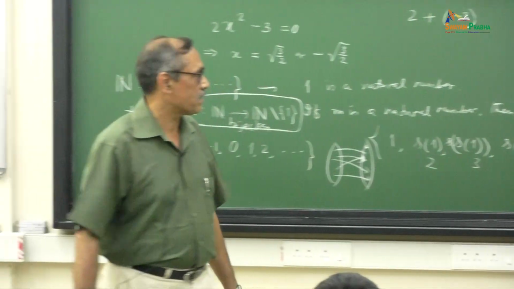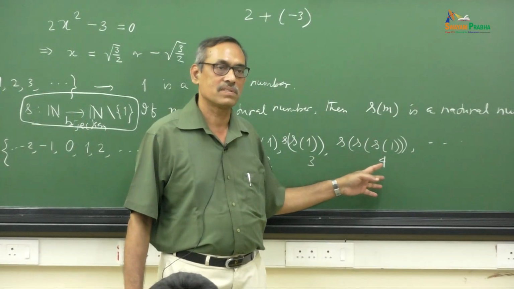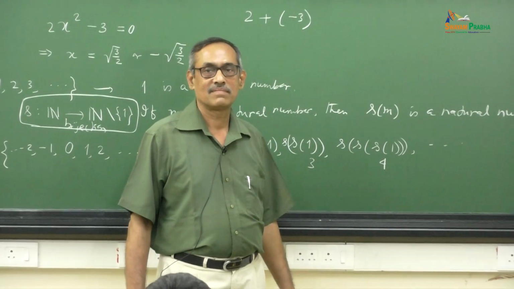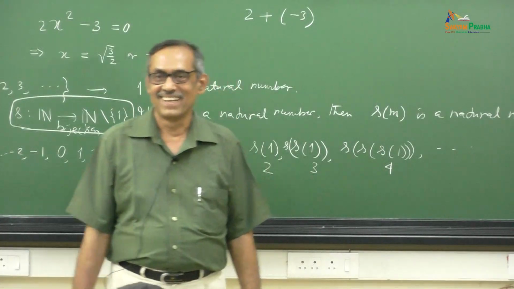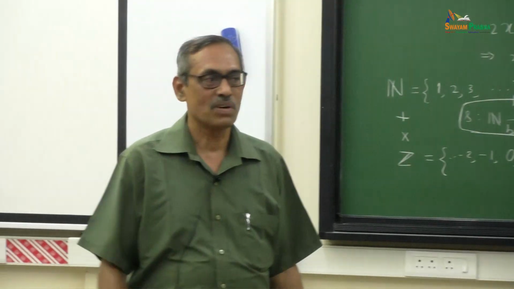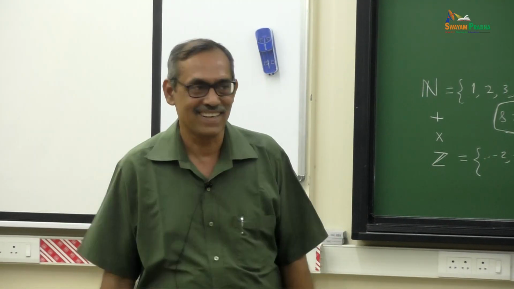If you can generate n by applying s many times from another m, then n is bigger than m. Simple, right? So any s of something is bigger than the earlier. So, automatically a very natural ordering comes.